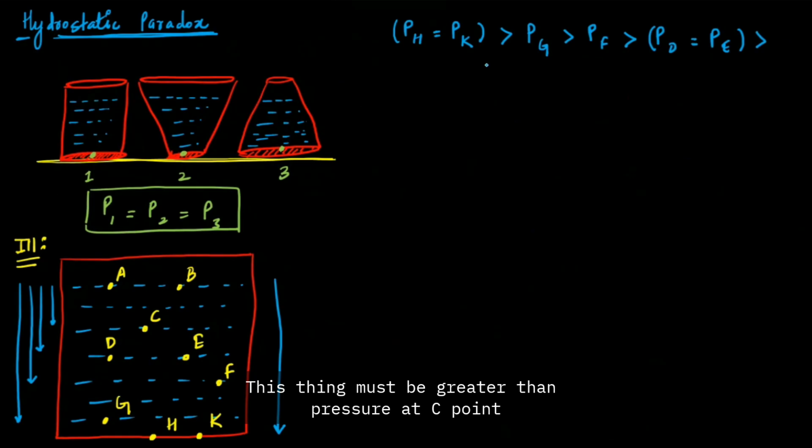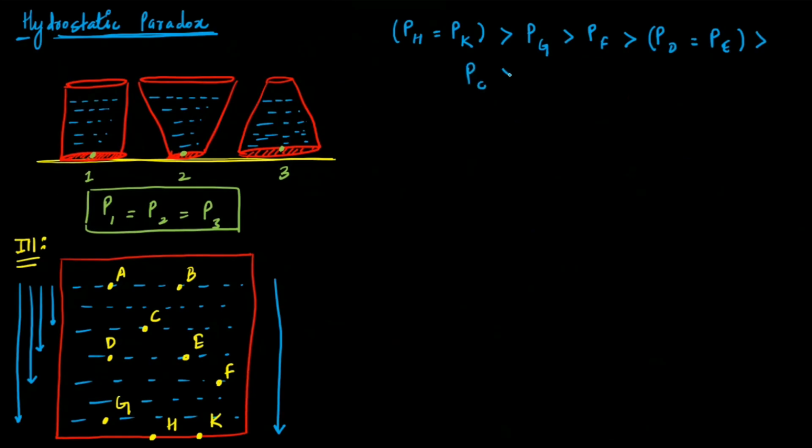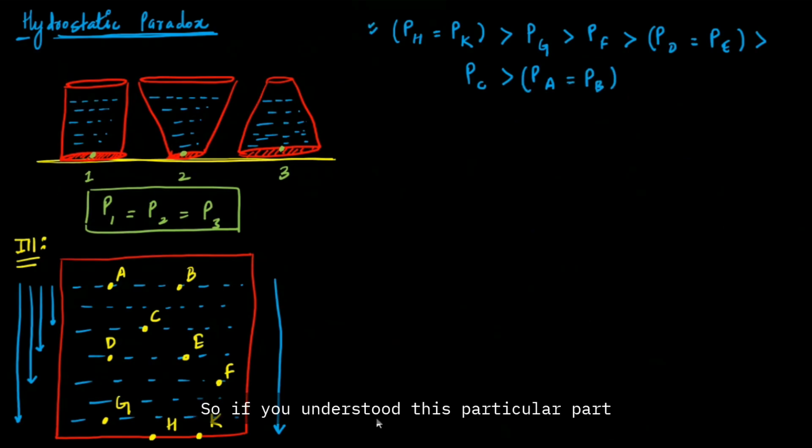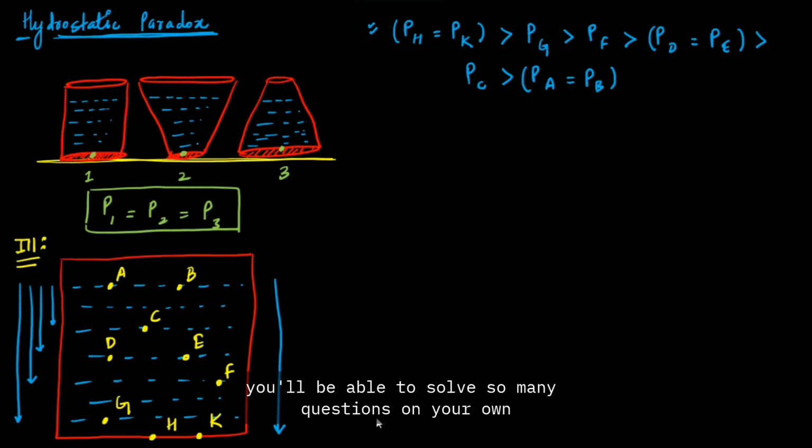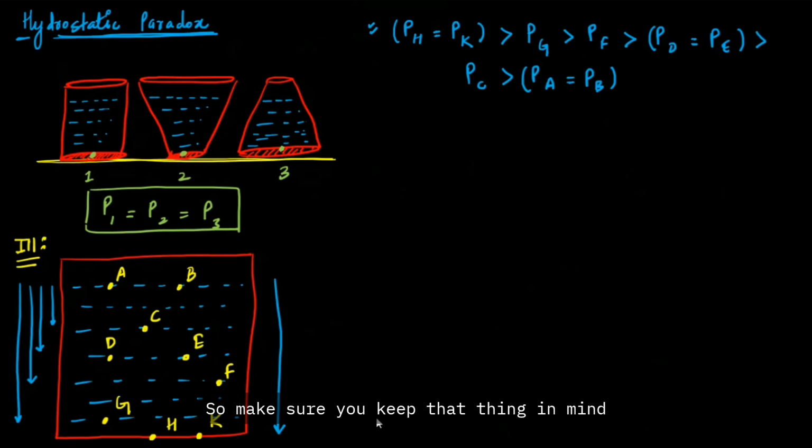This must be greater than pressure at C, and pressure at C must be greater than pressure at A, which is equal to pressure at B because of the same depth. If you understood this part, you'll be able to solve so many questions on your own based upon that. So make sure you keep that in mind.